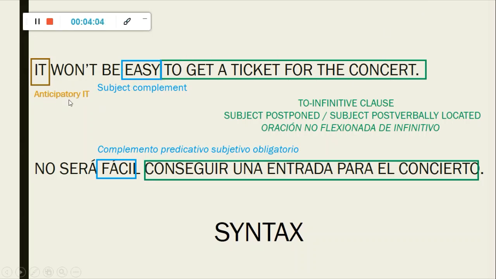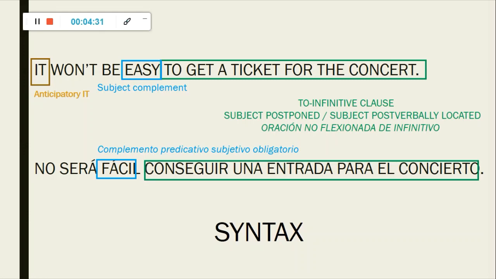This anticipatory it is known as an expletive pronoun. Why an expletive pronoun? Professor Natalia has already tackled the meaning of an expletive pronoun. An expletive pronoun is a pronoun devoid of meaning that has a grammatical function.